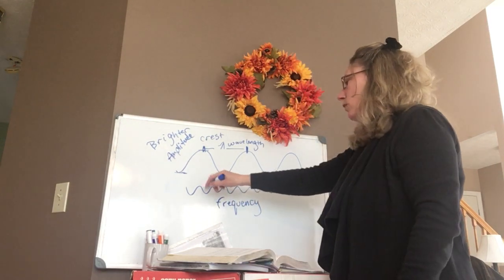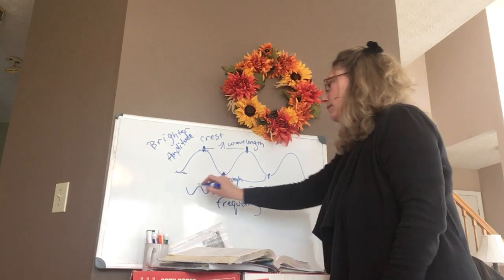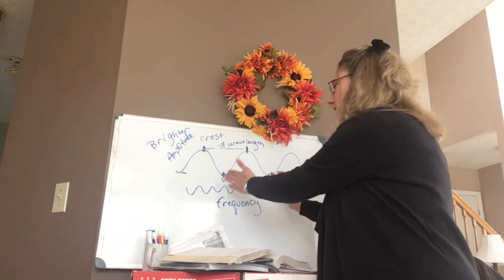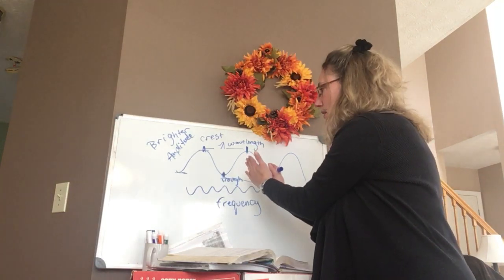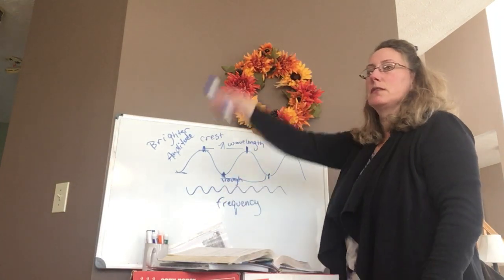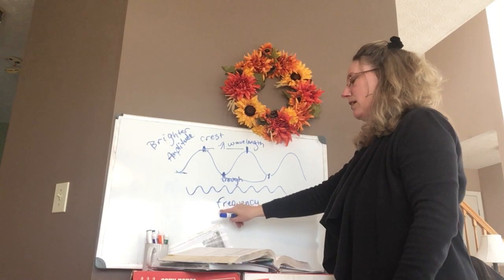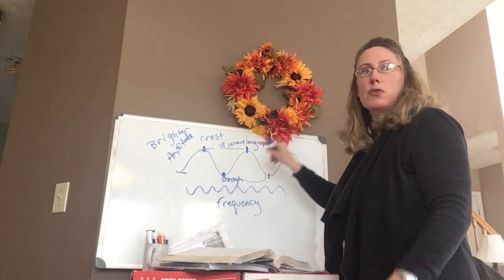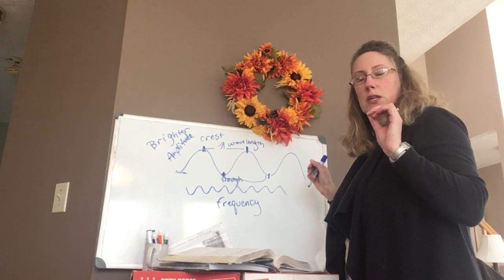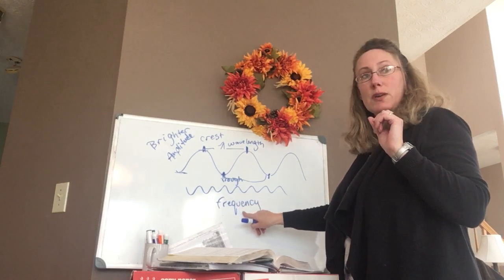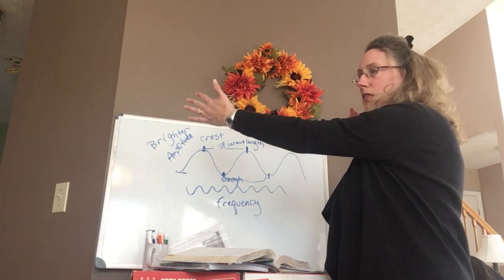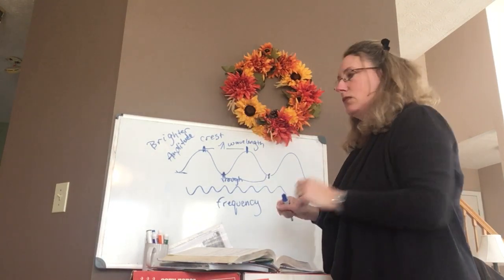So if I make my wave go very, very fast, then I have a very short wavelength. If I make my wave go very slow, then it doesn't have a high frequency, it would have a very big wavelength. So there's an inverse proportion between how fast it goes, the frequency, and the wavelength, the distance between them.